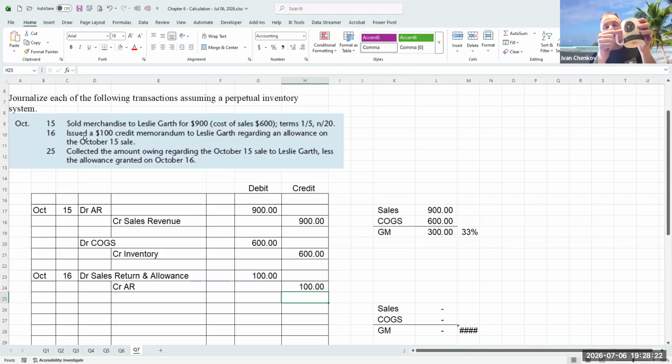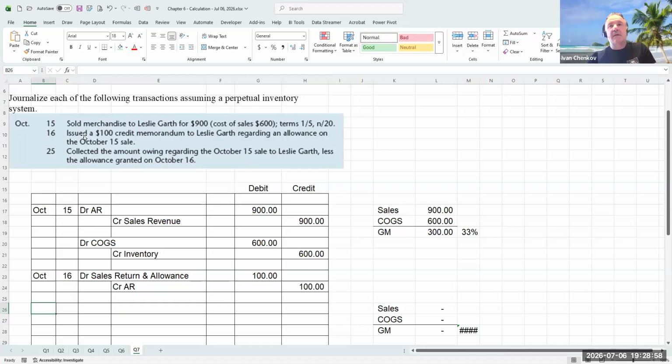Imagine there's just a little scratch here. I'm okay with that because I can sell it to my customers, but I want them to give me an allowance for that scratch. And they say, okay, if I give you an allowance, would you keep the item? And I say, okay, I might be able to keep it. Then in that case, keep it, don't return it, and I give you an allowance of $100 which you don't have to pay. That's an allowance.